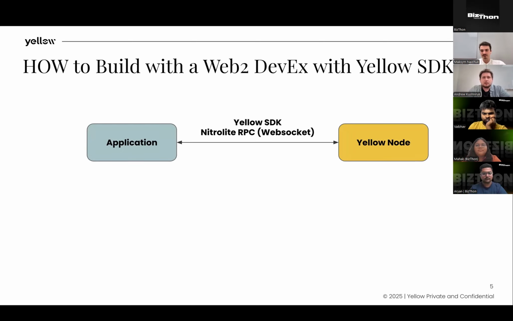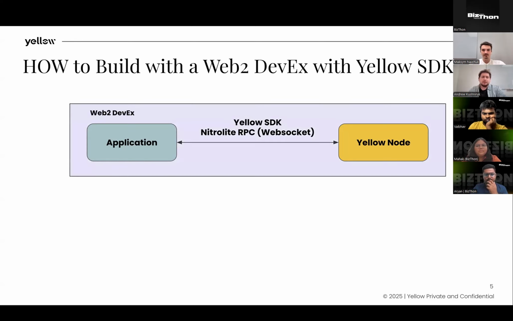And in the middle of all of it, we have our Nitrolite RPC, our protocol for communication between the application and the Yellow node through WebSocket. And basically, this combination is very familiar for Web2 developers. You don't need to write any contract. You don't need to think about how you will connect a wallet, all of that stuff. You're just focusing on building.